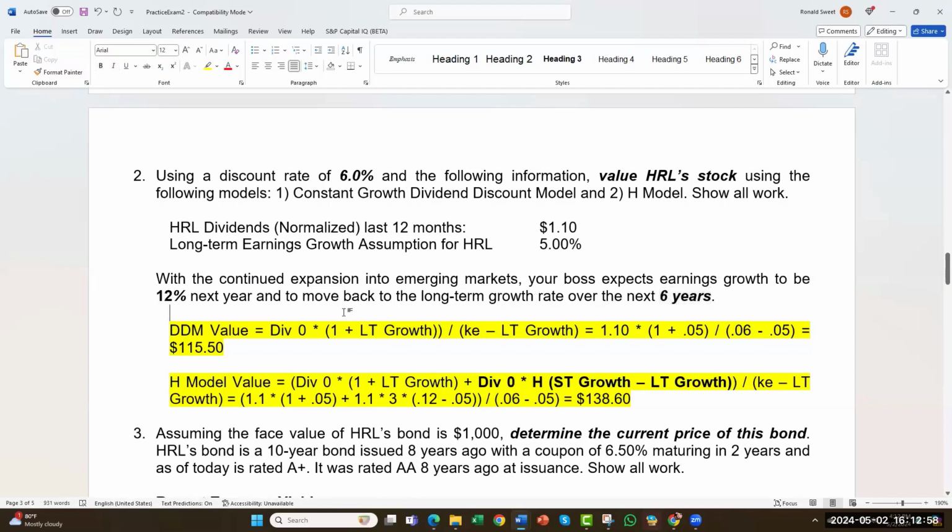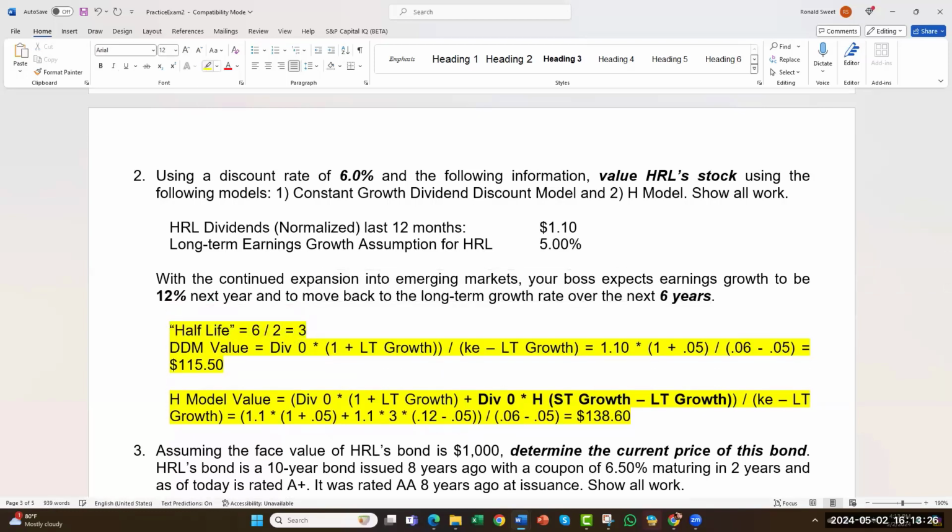So your H is your half-life, and that's going to equal 6 divided by 2, which equals 3. If it takes 6 years, then your H is 3. Is that good? Yeah, thank you.